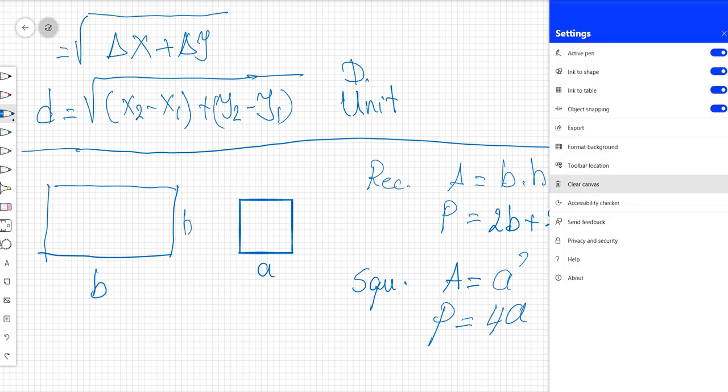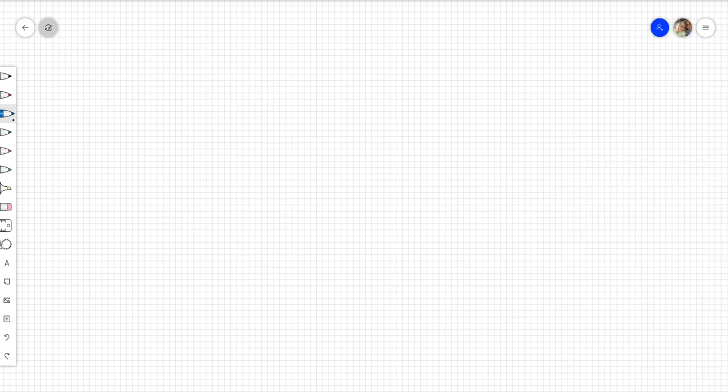So now we will go to another shape, one of the famous shapes, which is the triangle. Triangle like this. Don't forget that the height of any triangle must be perpendicular, or 90 degrees, to the base.